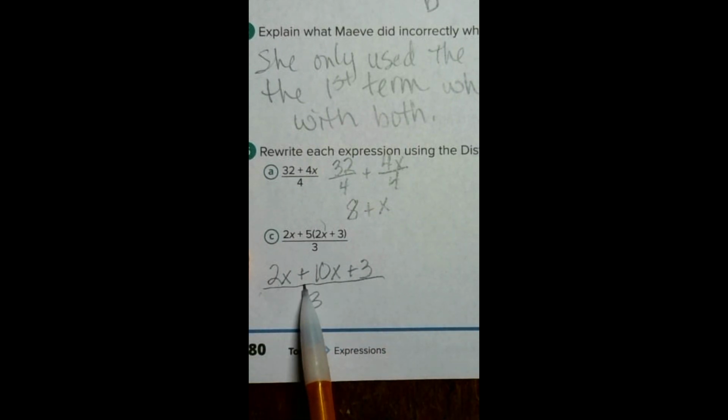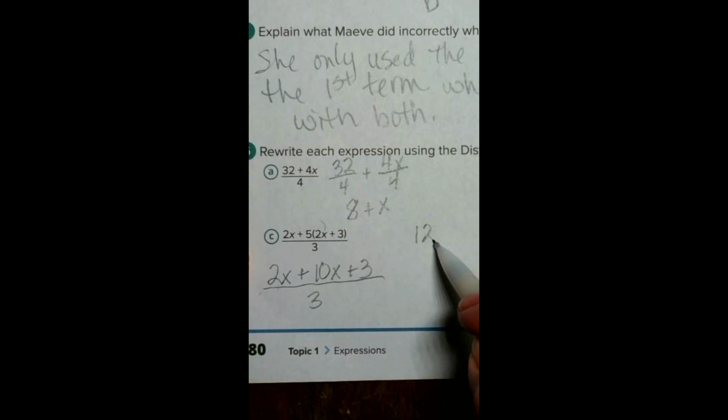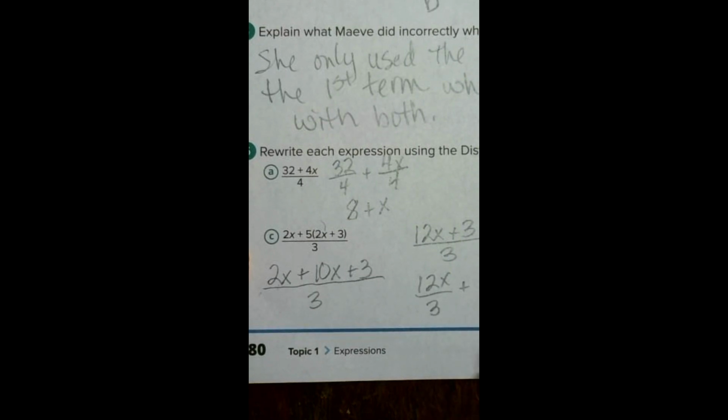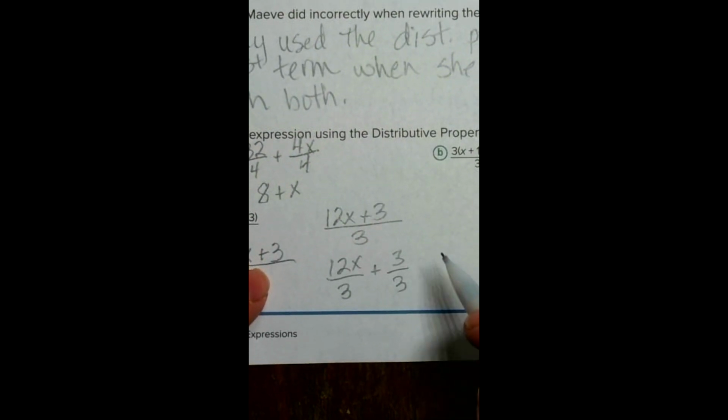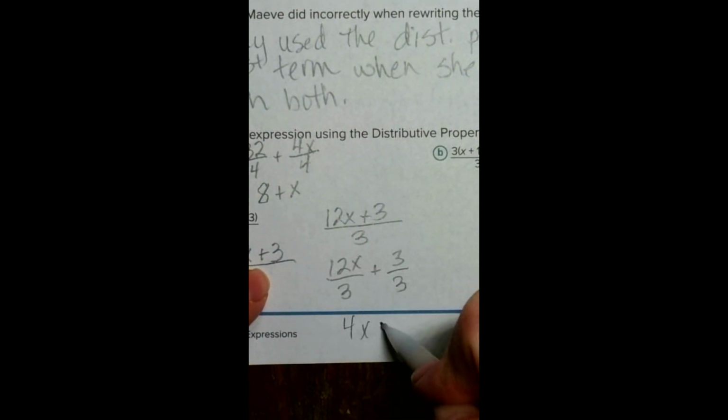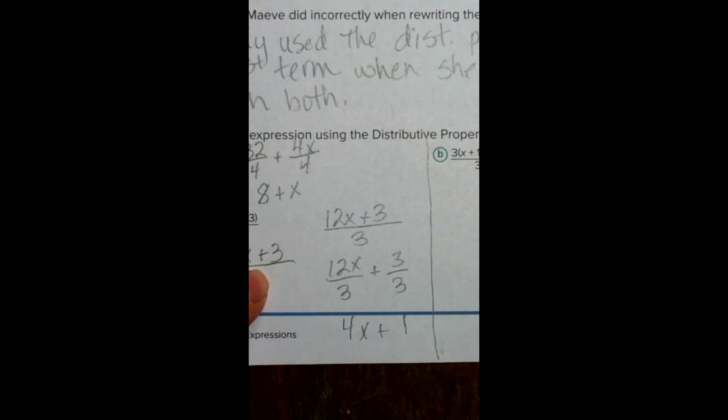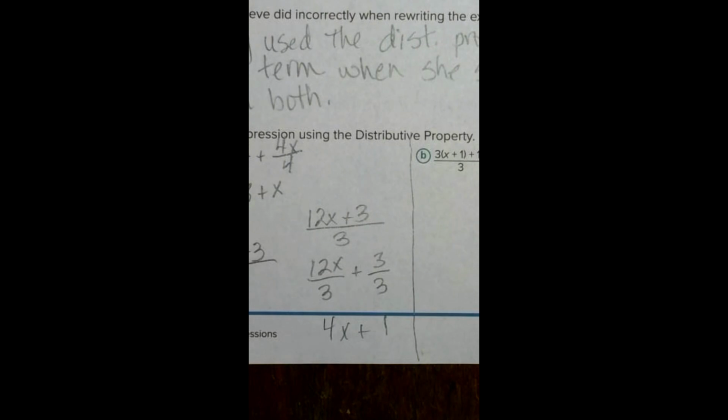Combining like terms, 2x plus 10x gives us 12x plus 3 divided by 3. Then we can do 12x divided by 3 plus 3 over 3, and we would get 4x plus 1.